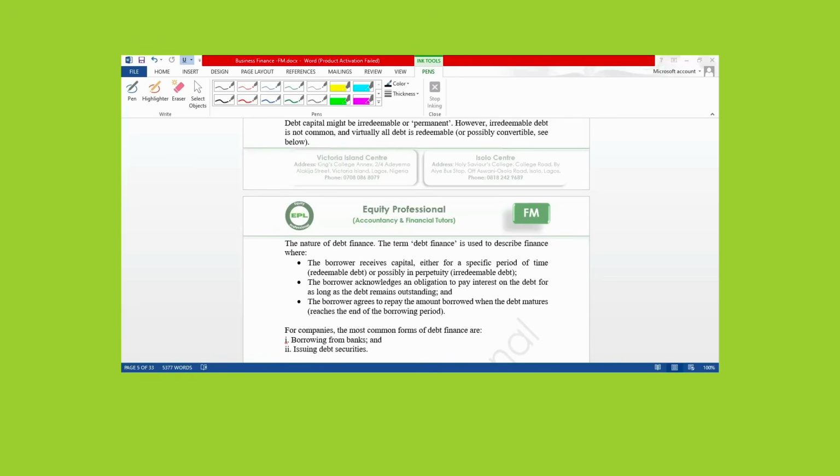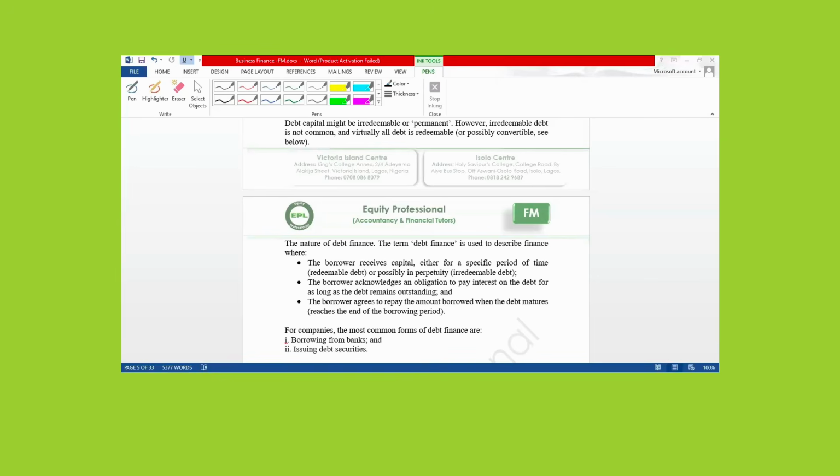The debt can be converted to equity shares. Once this debt is converted to equity shares, the principal amount will not be repaid. By converting debt to equity, the debt holders are now part of the shareholders.